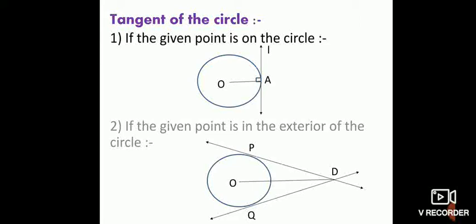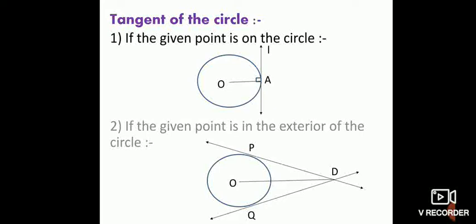You know that if the given point is in the interior part of the circle, then when we draw a line passing through that point, the line intersects the circle in two distinct points, and the line which intersects the circle in two distinct points is called a secant, and therefore we can't draw the tangent to the circle if the given point is in the interior part of the circle.